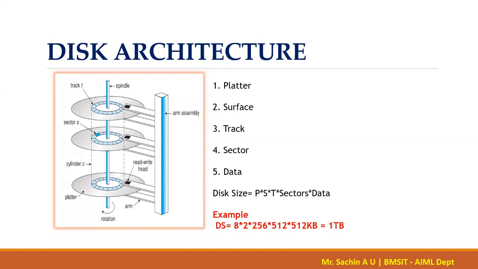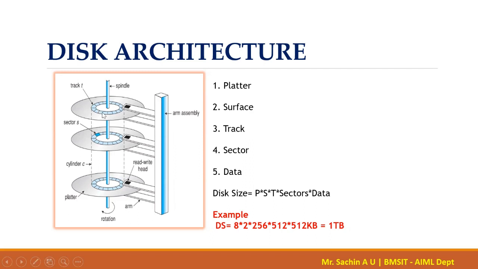So if one platter is divided into 8 tracks, each track consists of one song, and I want to store that entire song in that one track. Let us assume one song is 4 MB. That 4 MB of data should be stored in one track.